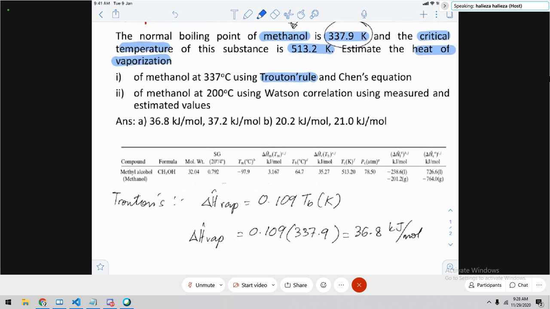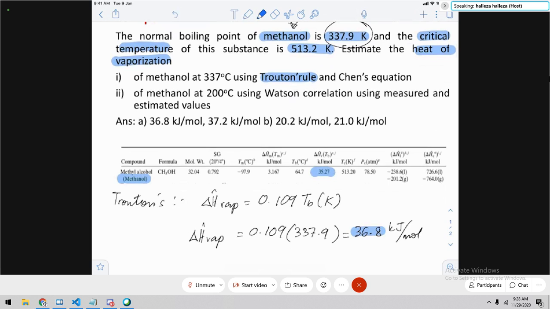If you look at the actual value of methanol in appendix B1, the latent heat is 35.27. We got 36.8, which is not that far off: 35 and 37. There is a slight difference, but that's how you apply Thornton's rule.